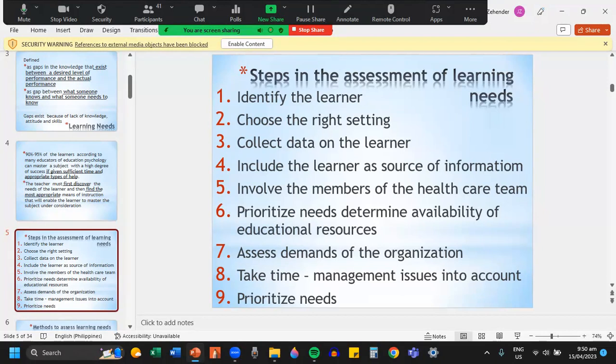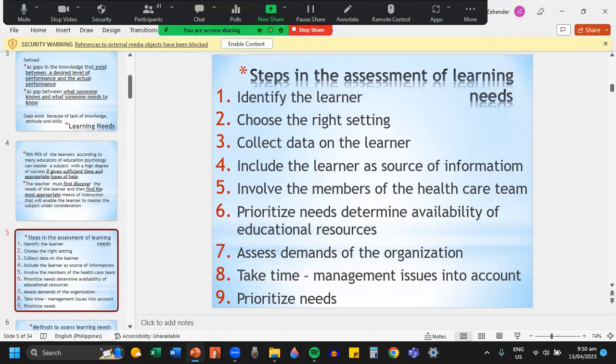So it takes a whole team to care for the patient. And each member of the healthcare team possesses a body of knowledge. They also have their own specified skills and expertise when it comes to taking care of the patient.